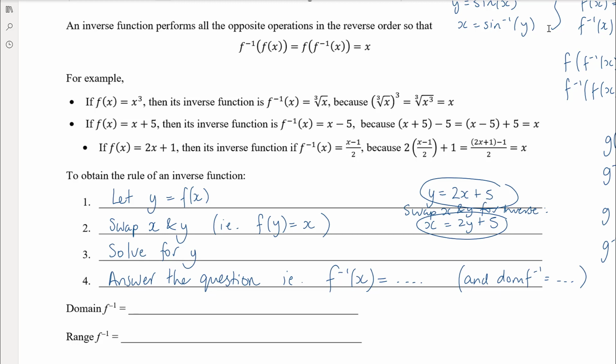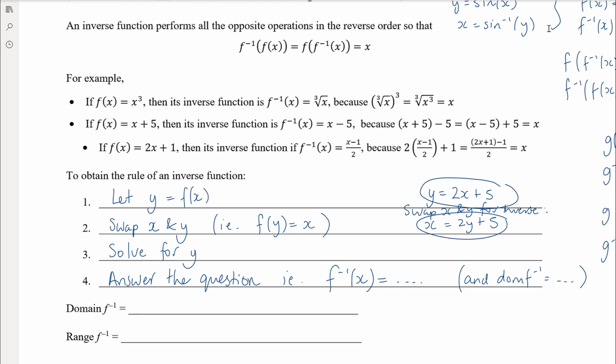So please get in the habit of giving your inverse function, and not just y equals, f to the negative 1 of x equals, or g to the negative 1 of x if your original function was g of x, and giving the domain of that inverse. Now, the key thing that happens here, which has all sorts of implications, is that in the process of calculating the inverse function, we swap the x and y position in the equation.